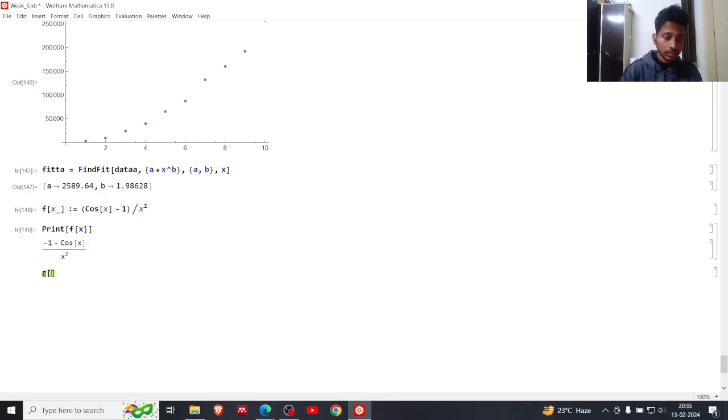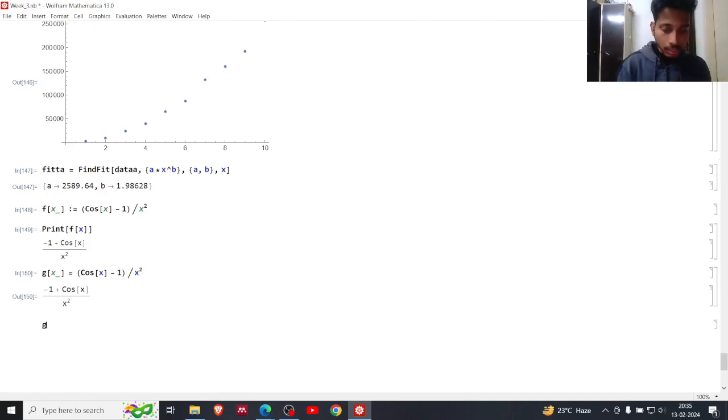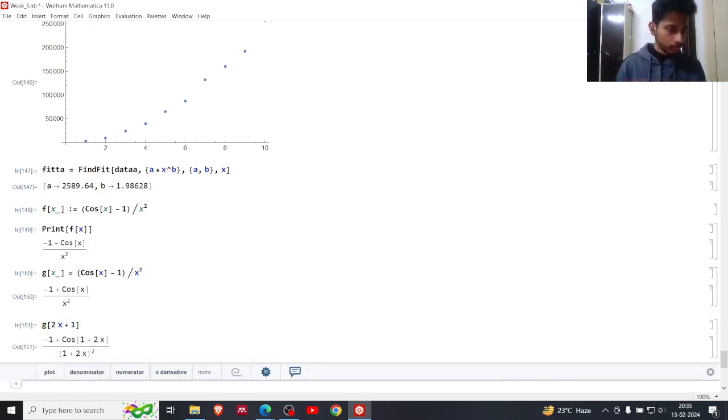Now g of x underscore equal to cos of x minus 1. So this is giving the exact equation again. Now g of 2x plus 1, you can say this.